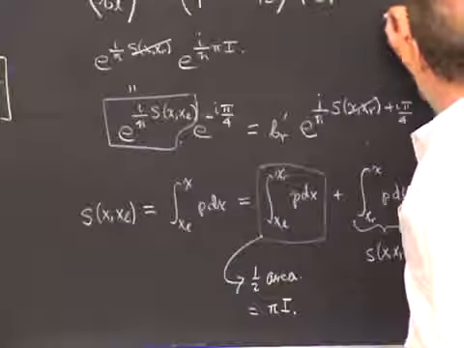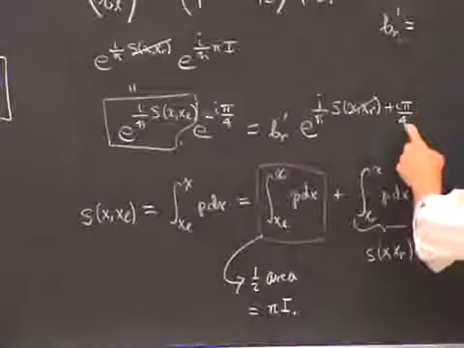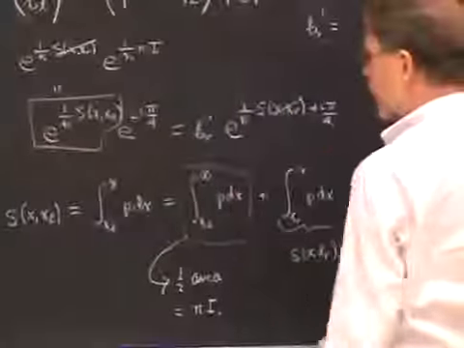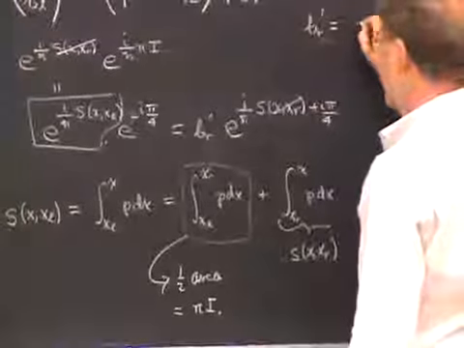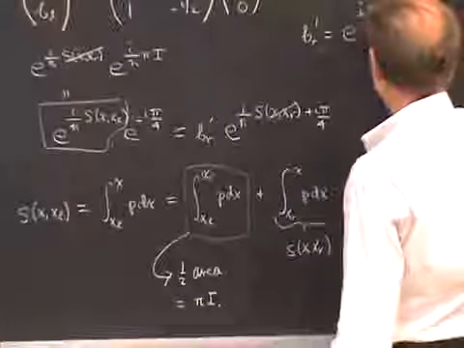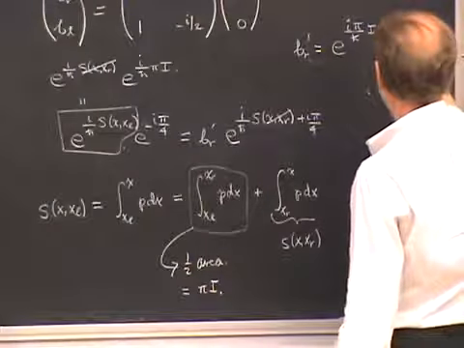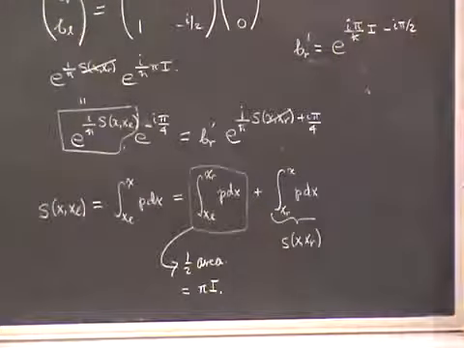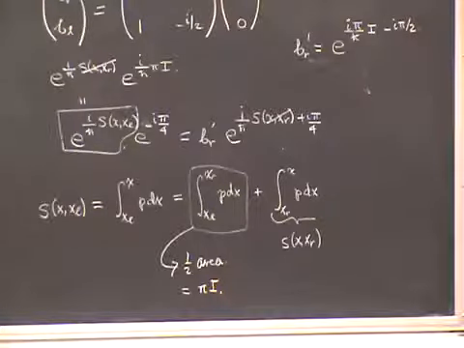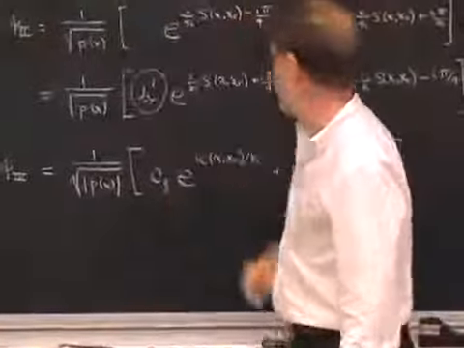So what we find is that VR prime is equal to, just bring this e to the minus I pi over 4 on the other side, and it becomes e to the I pi over h bar times the classical action I minus I pi over 2. In that manner, we determine this coefficient VR prime.